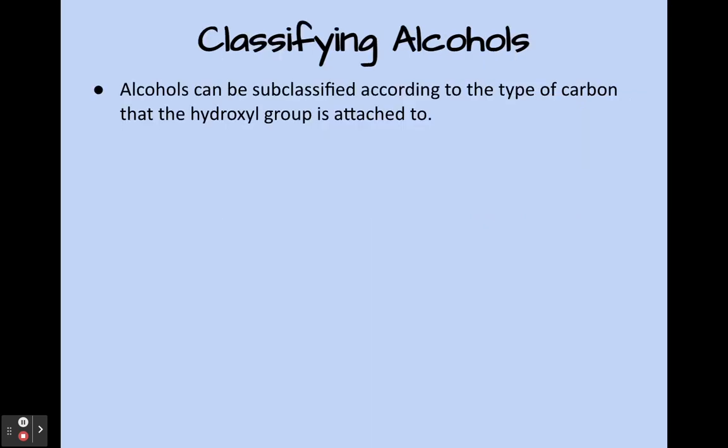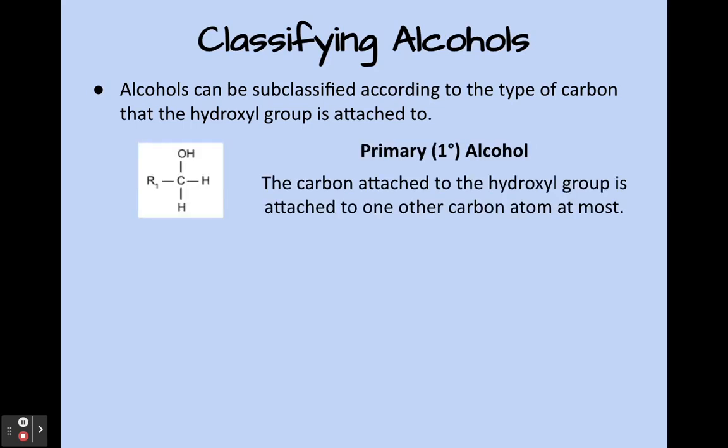Alcohols can also be subclassified according to the type of carbon that the hydroxyl group is attached to. In this situation, we have a hydroxyl group attached to a carbon, and then this carbon is attached to at least two hydrogens, maybe three, but at most, it is only attached to one carbon on this side. In that situation, it's what's called a primary alcohol.